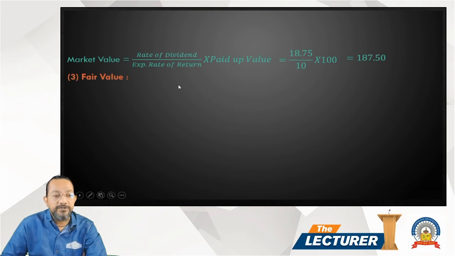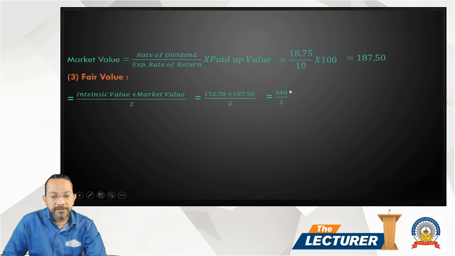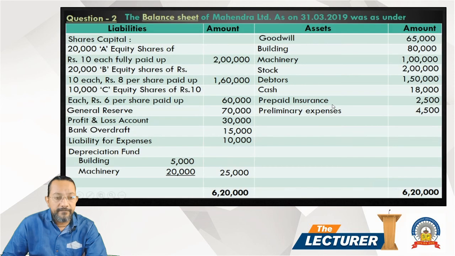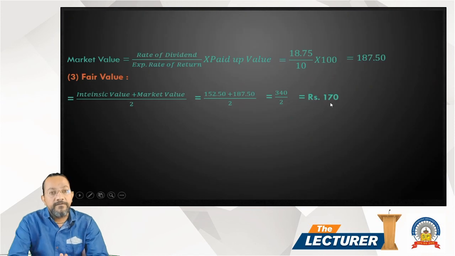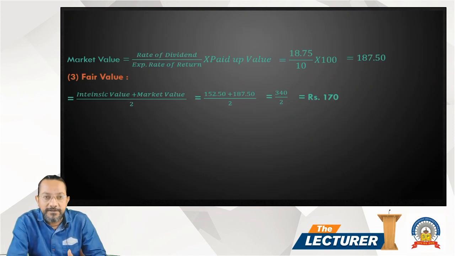After market value, the fair value is intrinsic value plus value of share as per yield, that is known as market value, divided by 2. So intrinsic value is 152.5 plus market value 187.5, that is 340, divided by 2, so 170. 170 is the fair value of shares.